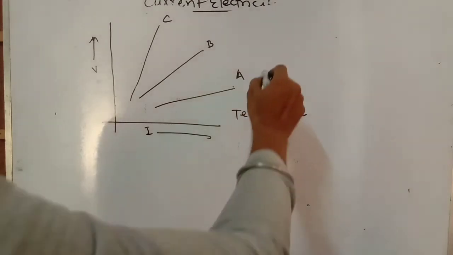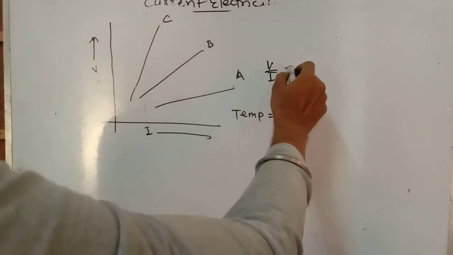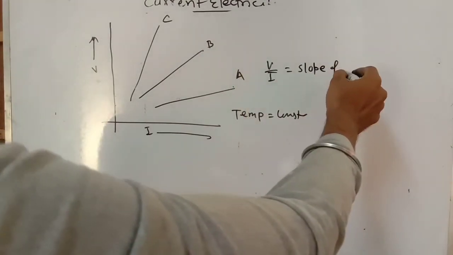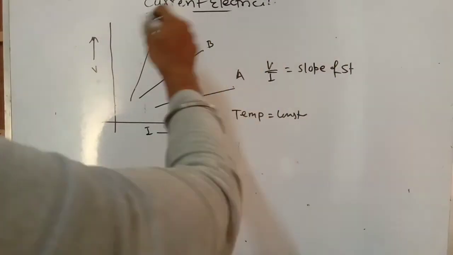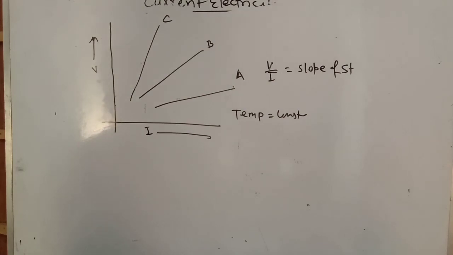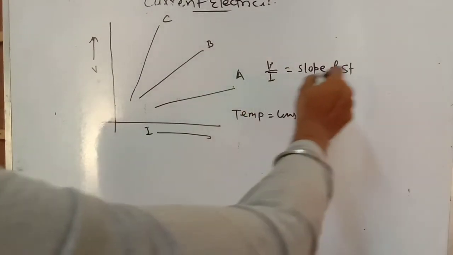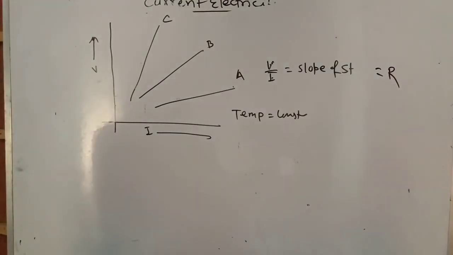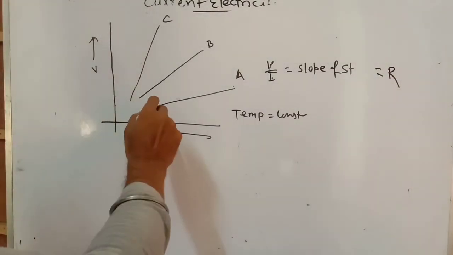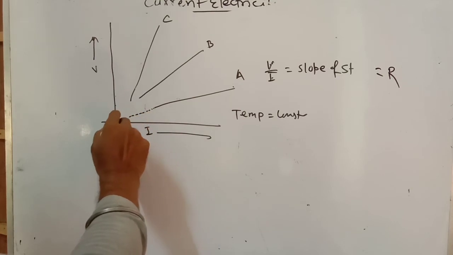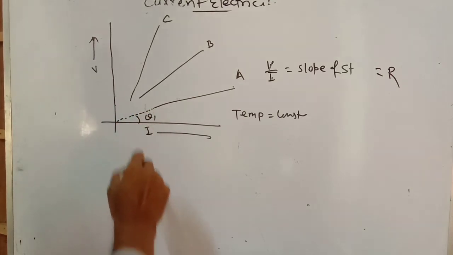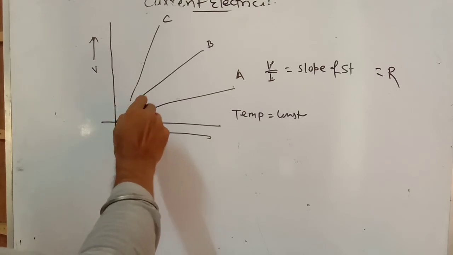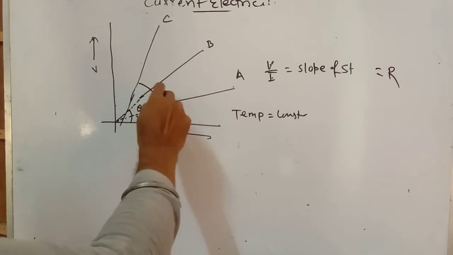Already told you, in a V versus I graph the slope of the straight line is the ratio V by I, which is the resistance. So first, extending to the positive axis, let line A make angle theta 1, line B make theta 2 and line C make theta 3.